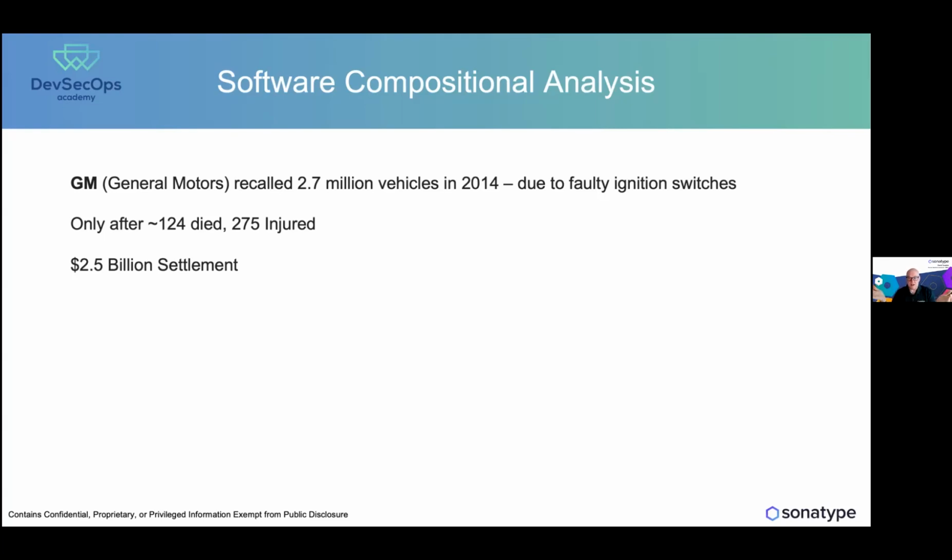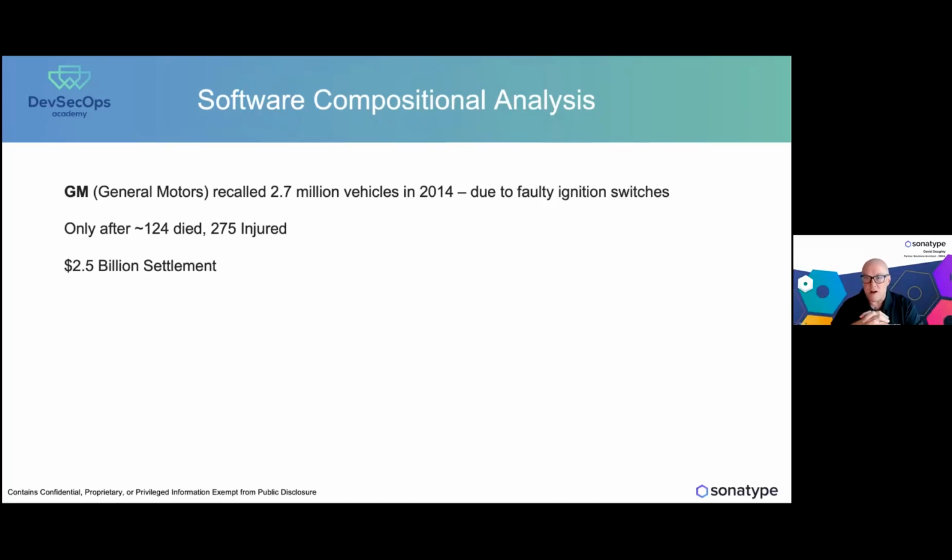That's not insignificant, but that's what if they had to recall every possible vehicle that may have had an ignition switch ever made. So that 300 million could pale into insignificance. Tens of millions of vehicles, not only the initial cost of the parts, but the cost to recall it, the cost to fit them, the backlog that it would create in garages to actually change the part over, which does take time. It becomes very difficult.